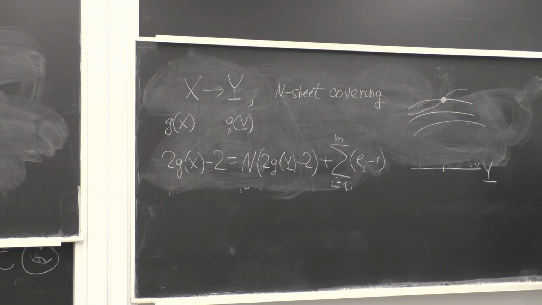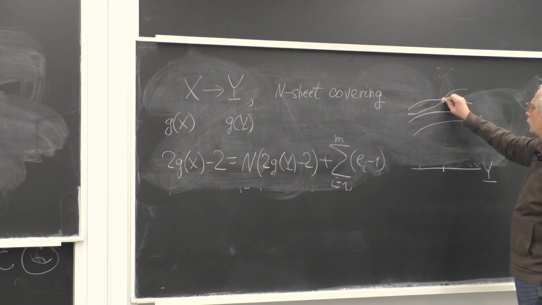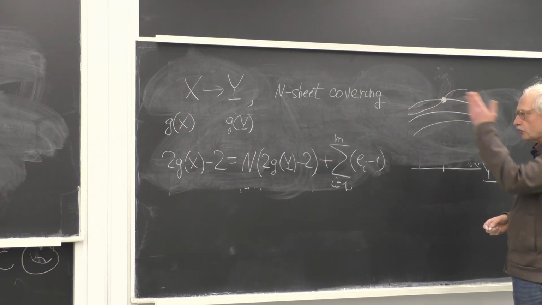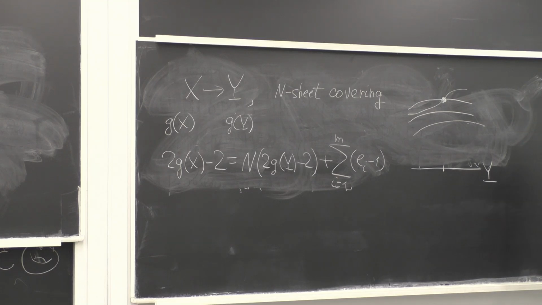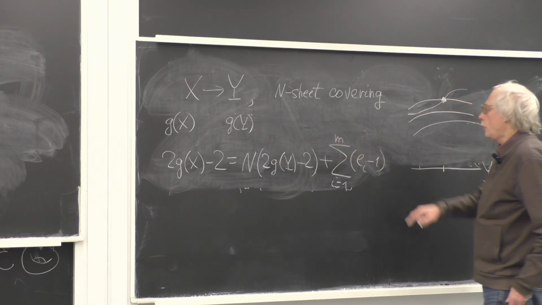There are ramification points, like when you take z to z squared, then at 0 two sheets of this Riemann surface are glued together, and we obtain ramification points. For algebraic curves, the number of ramification points is finite, equal to some m.